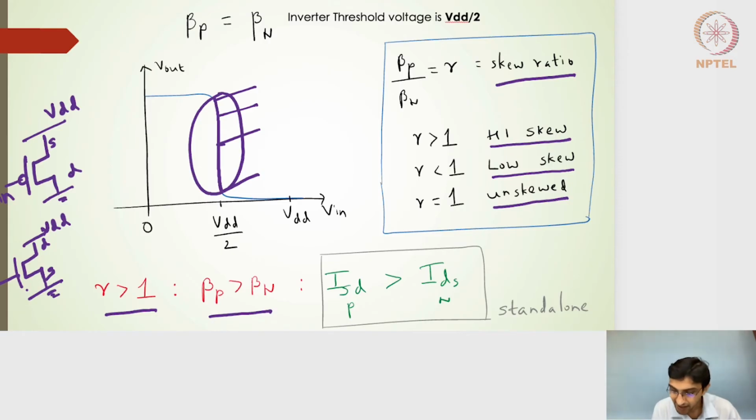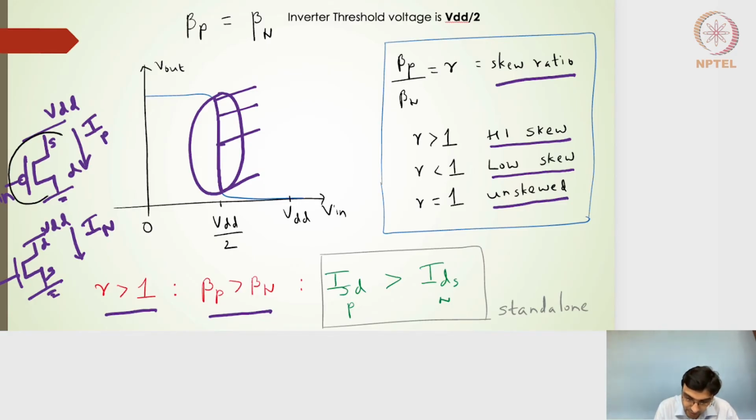So if I have this beta P to be more than beta N, the current I'm drawing from the PMOS will be greater than the current of the NMOS. That's what I've stated here, right? But if I actually put these two transistors together, so let me pick up another colored pointer.